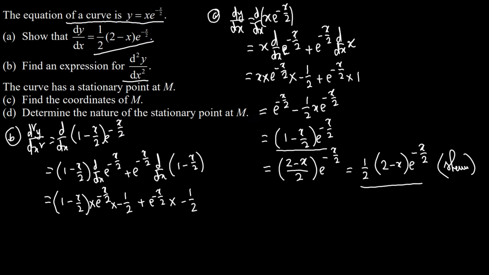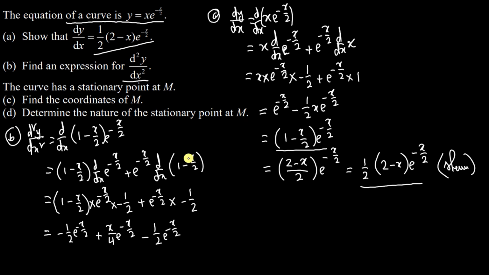Let me remove the bracket now. Minus 1 into half, so minus half e to the power minus x by 2. Then the next part is plus x by 4 e to the power minus x by 2, and here is again minus half e to the power minus x by 2.